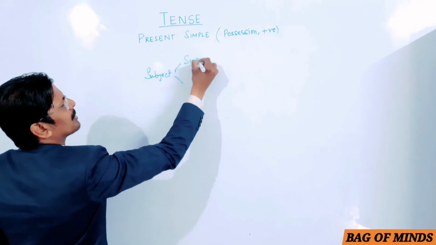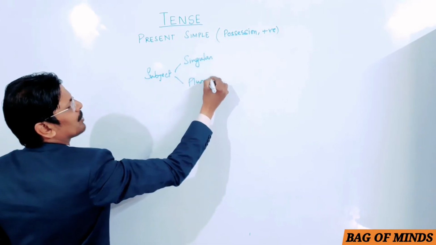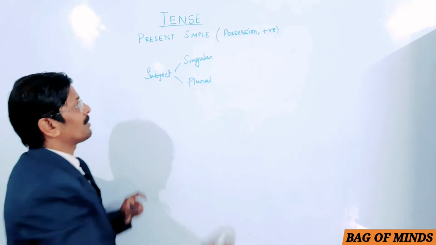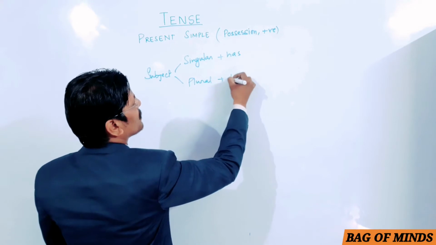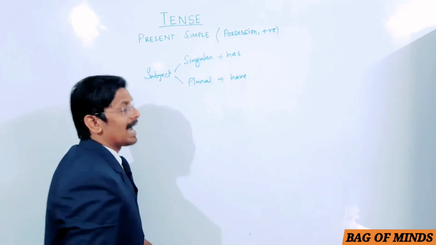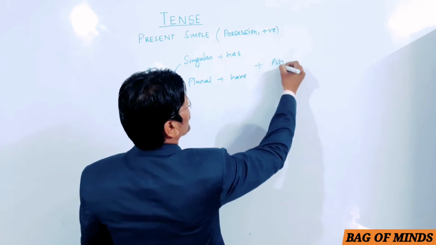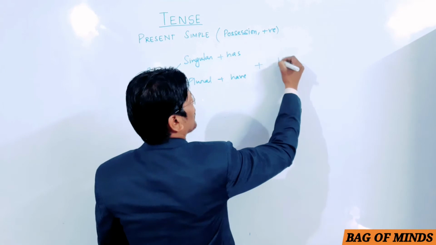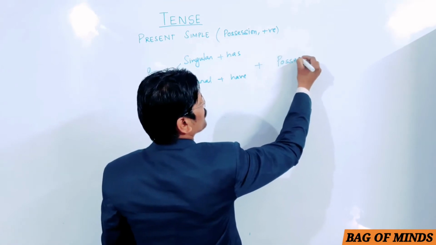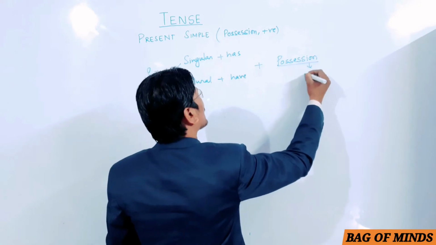First one is our singular subject and second one is our plural subject. So with singular subject I will use has, and with plural subjects I will use have, and after that my possession. So adjective plus, let's here write possession so that it is very clear to you all. Possession here means a noun.